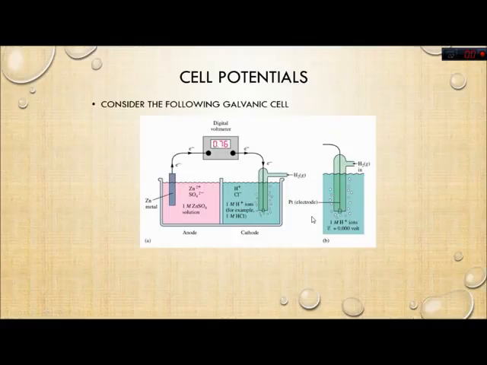This standard hydrogen electrode has an EMF which we have noted as 0.0 volts. So when we compare each of them with this, we will get the inherent potential of each of these electrodes, and finally when we subtract both of these, we will get the net voltage the voltmeter shows.